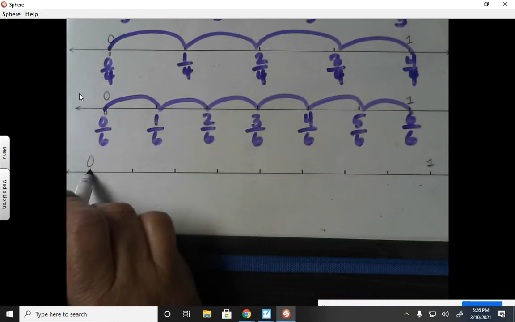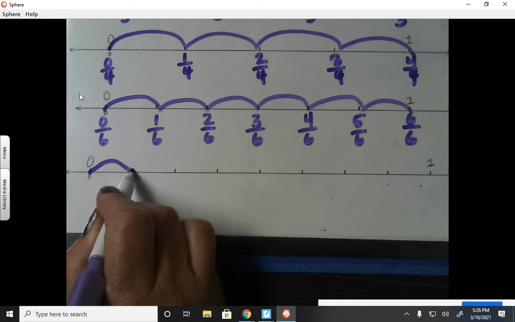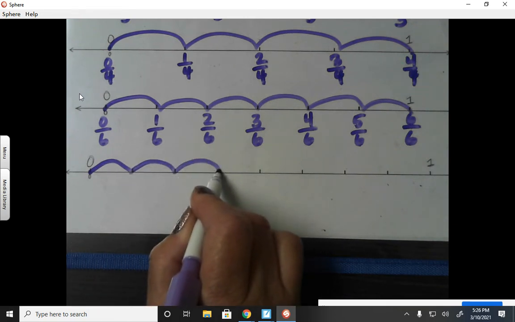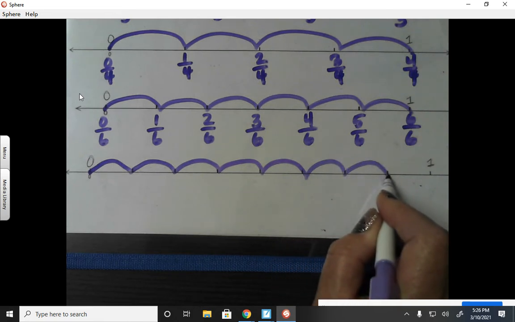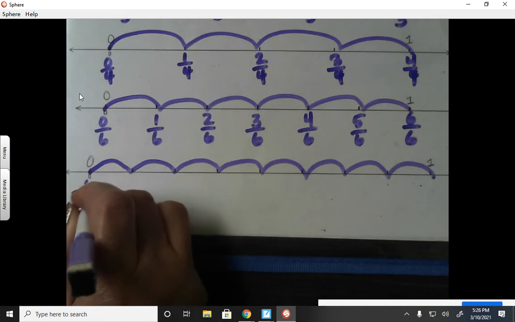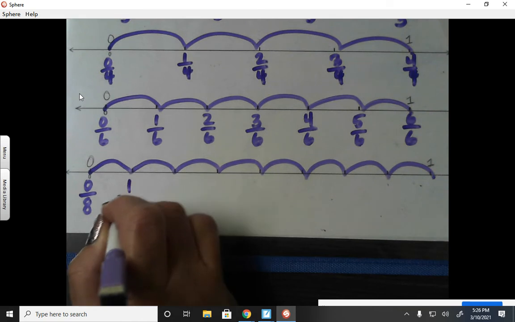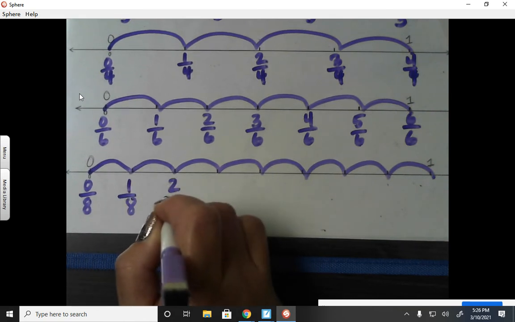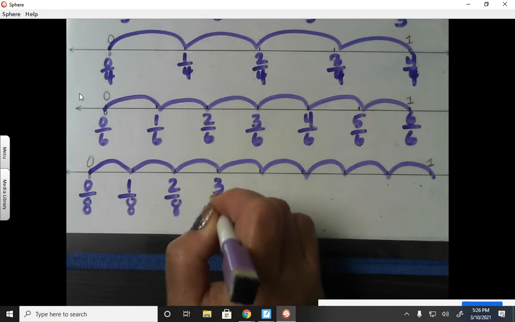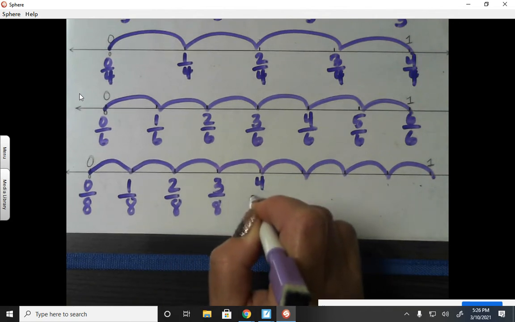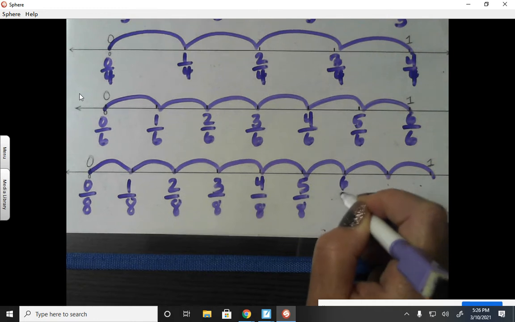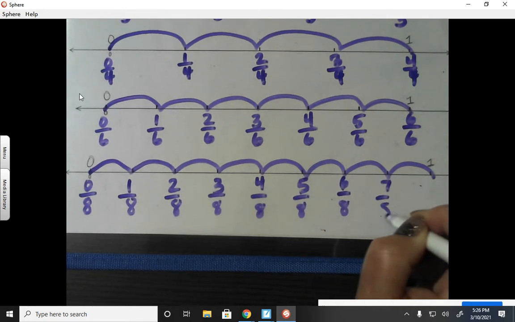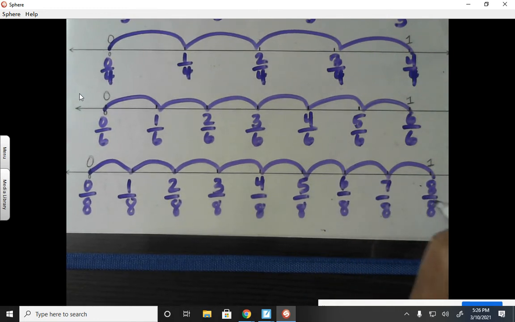Start at 0, jump and count. 1, 2, 3, 4, 5, 6, 7, 8. So we're going to count by eighths. 0 eighths, 1 eighth, 2 eighths, 3 eighths, 4 eighths, 5 eighths, 6 eighths, 7 eighths, and 8 eighths.